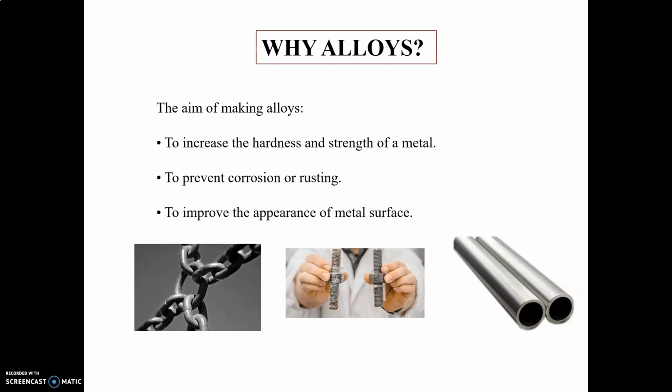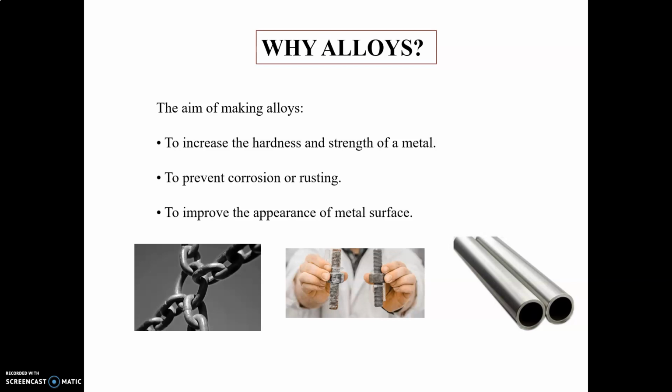Why alloys? What is the purpose of alloys? To increase the hardness as well as the strength of metal, to prevent corrosion or rusting, and to improve the appearance of the metal surface. Alloying is a combination of one or more metals or a metal with some non-metals. An individual metal exhibits some specific property.